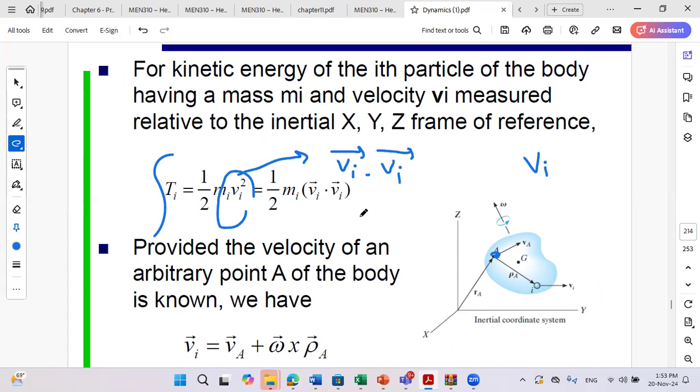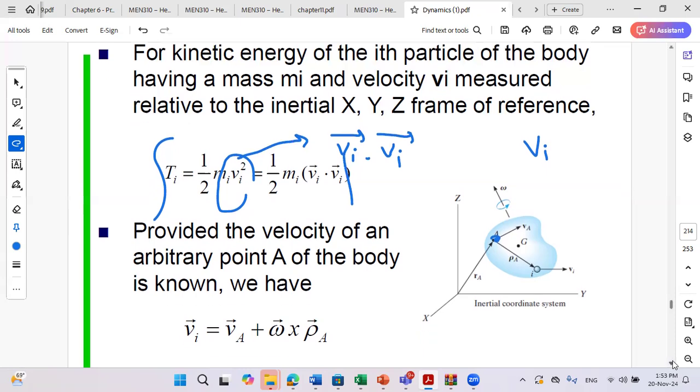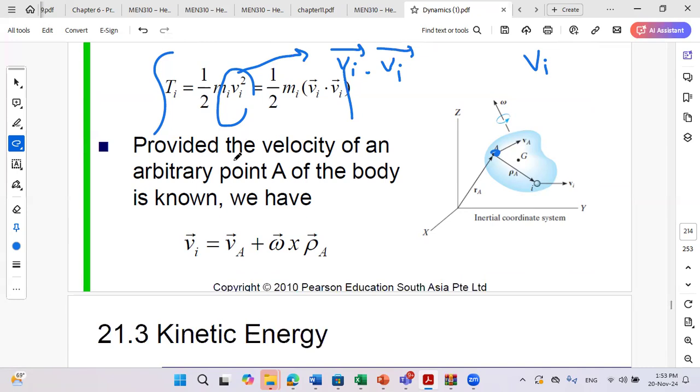So when you perform the integration, you can replace vi by vxi plus vyj plus vzk, and then you can perform the integration of your kinetic energy, because each velocity vi vector is related to a certain point. And if you know the velocity at one point of your body, you can deduce the velocity at any point by saying that vi is vA plus omega vectorial rho A, which is the distance from A to particle i.